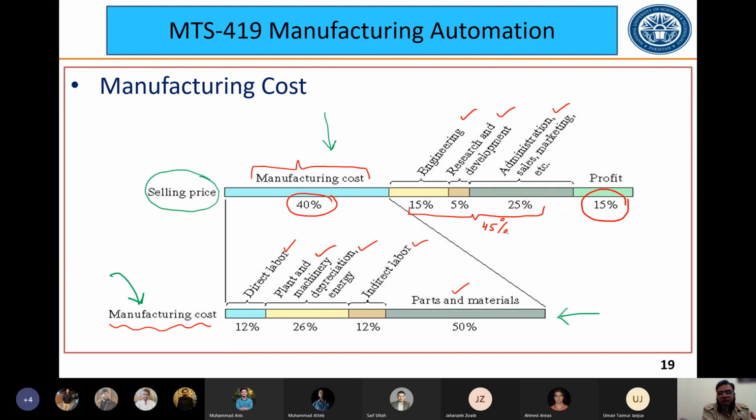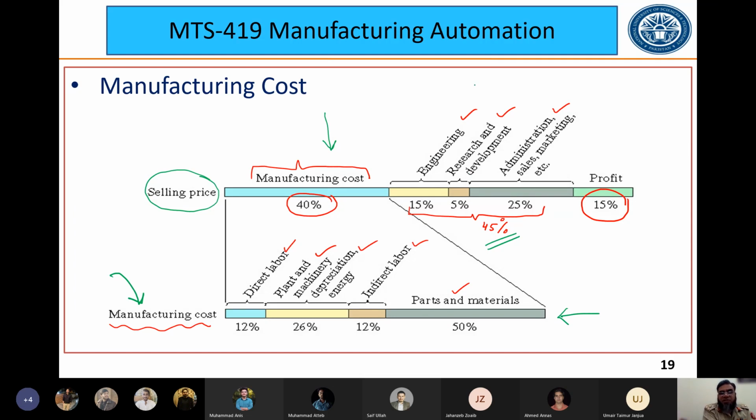Then you will have 45% share of, let's see, 15% engineering, 5% research and development, 20% administration, sales and marketing, and you keep 15% as a profit. So just see that your one expense, which is only the manufacturing cost, that is 40% of your selling price.